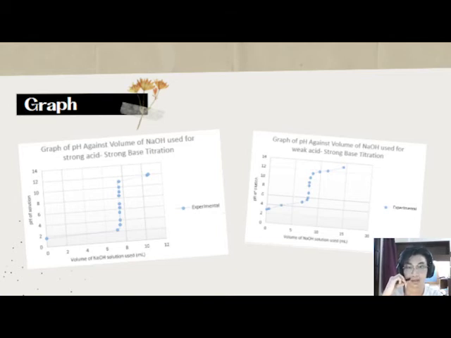The vertical line on the left-hand side signifies the pH value in the range of 3 to 10, while the graph on the right has a significantly shorter vertical line, which determines a shorter range of pH, around the value of 6 to 10. With this, we are able to correlate the pH values with the suitable indicators in respective experiments.